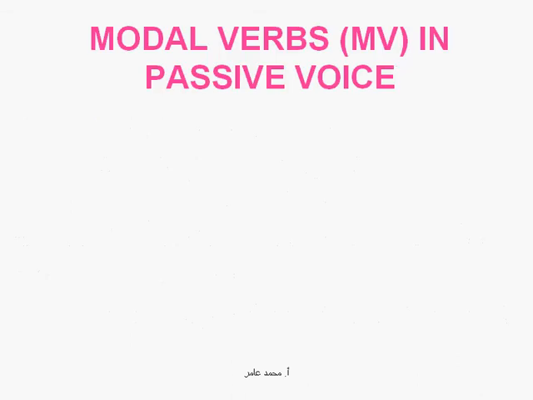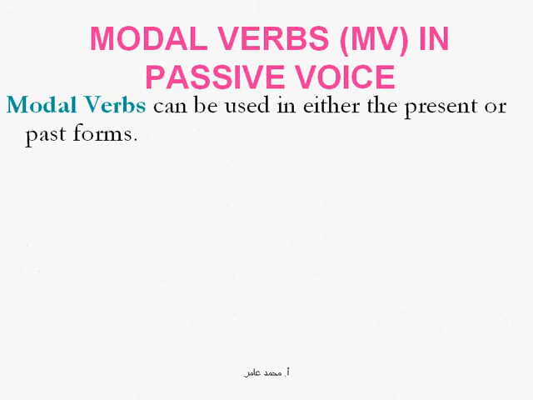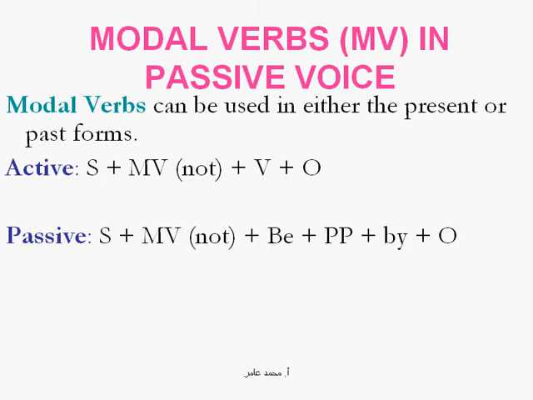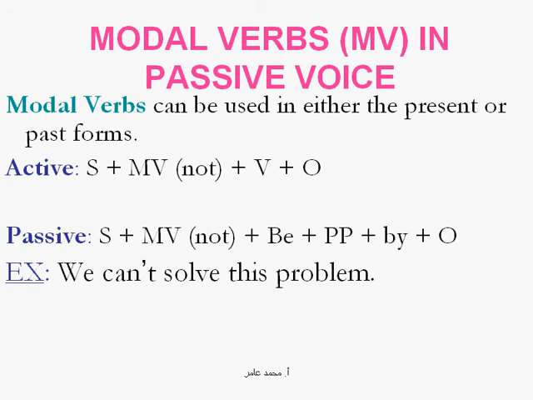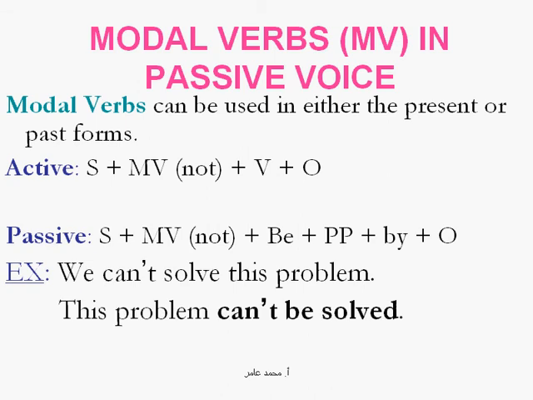Modal verbs in passive voice. Modal verbs can be used in either the present or past forms. Active: subject, modal verb, not, plus verb, plus object. Passive: as we said before, we change the object into subject and the subject into object, and we precede it by the word by.